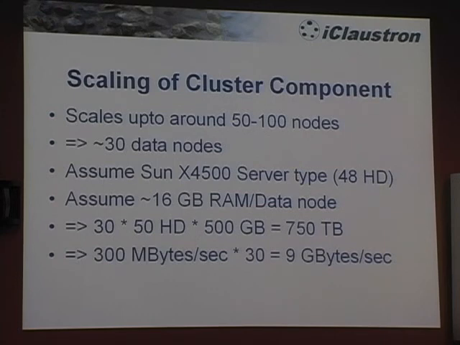Then a big problem in a system like this is that you also want to pump data out of the cluster. Here we have assumed that gigabit Ethernet more or less isn't enough. You want access to more data than what gigabit Ethernet can give you, so you need a system that gives you much more bandwidth out of the system.